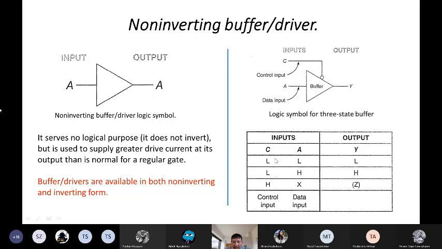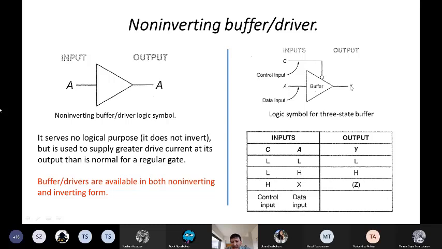So here you can see a table. It's not a truth table, but it is a table. For example, when the input to C is low and to A is low, it means that the output will be low. When C is low and A is high, the output is high. But when we give high to the control input, it doesn't matter what is on A, 1 or 0, because here we have high resistance.